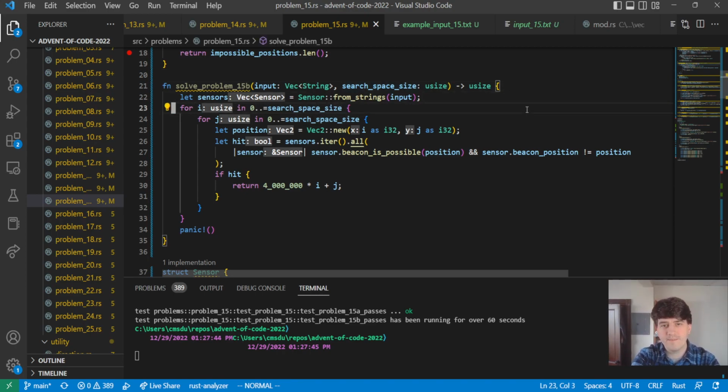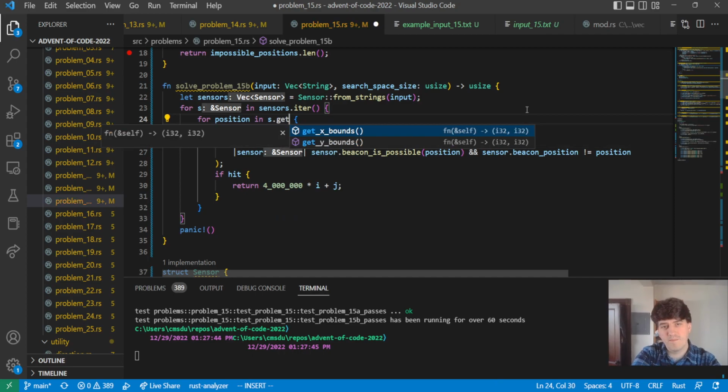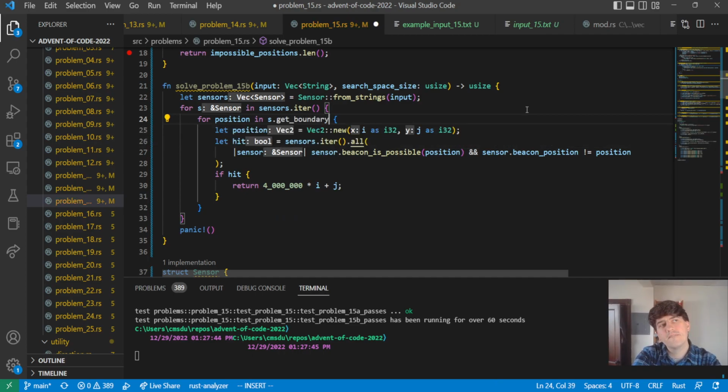We'll say for s in sensors.iter, for let's say position in s.getBoundary, what do I want to call it?